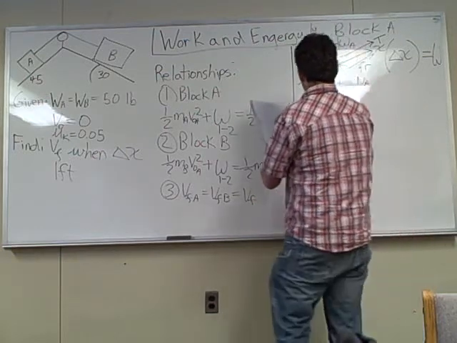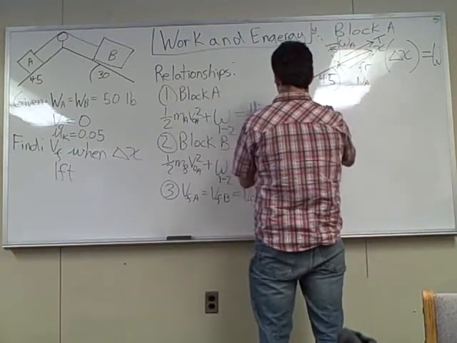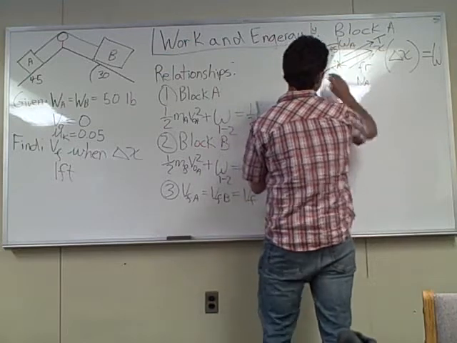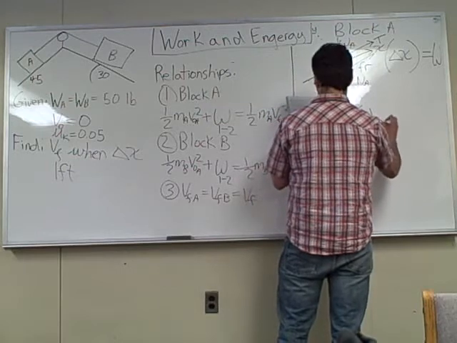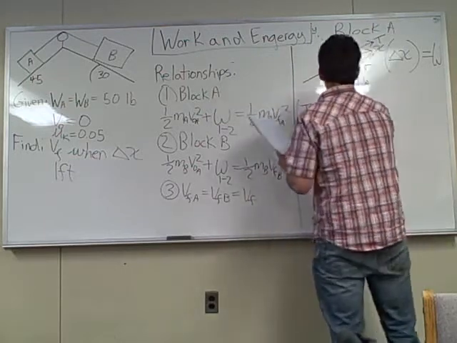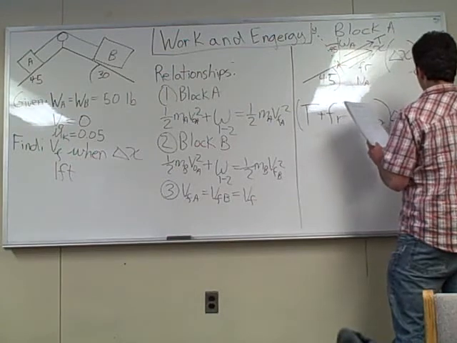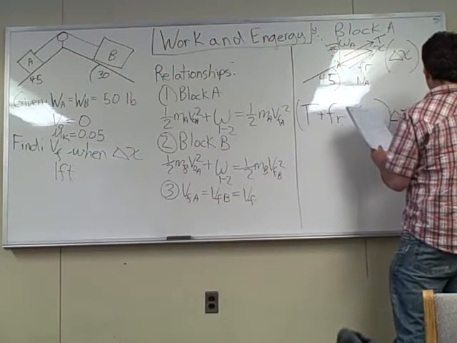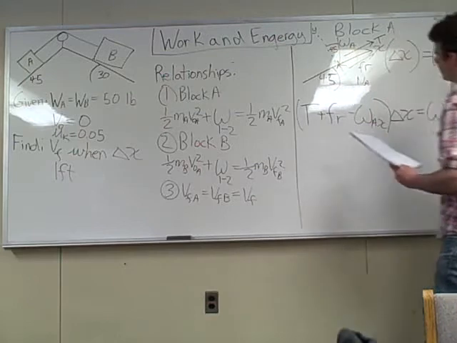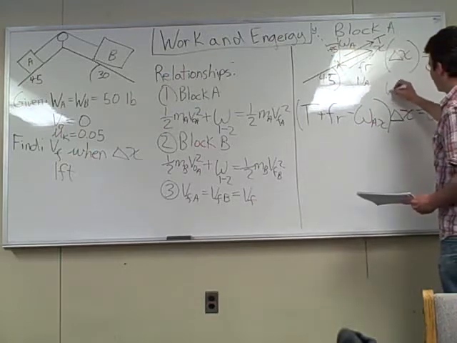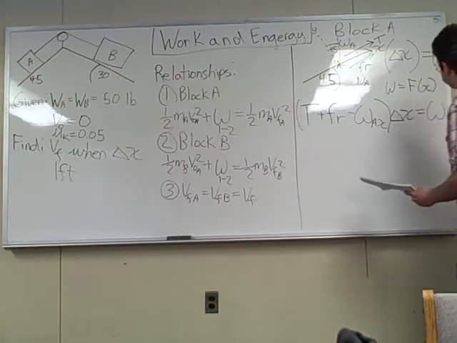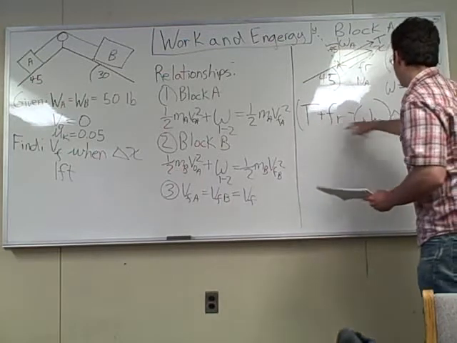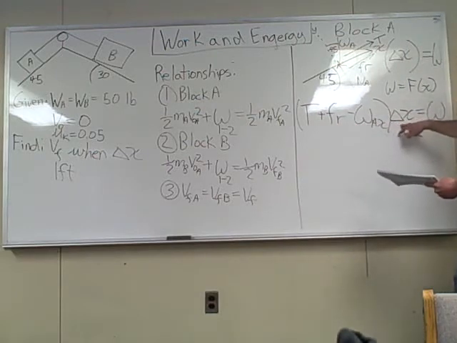And so we have our tension plus our friction in the x direction minus the weight in the x direction times our change in position equals work. A simpler way to write work is work equals force times distance. And right here we have the sum of our forces times the change in position equals our work.